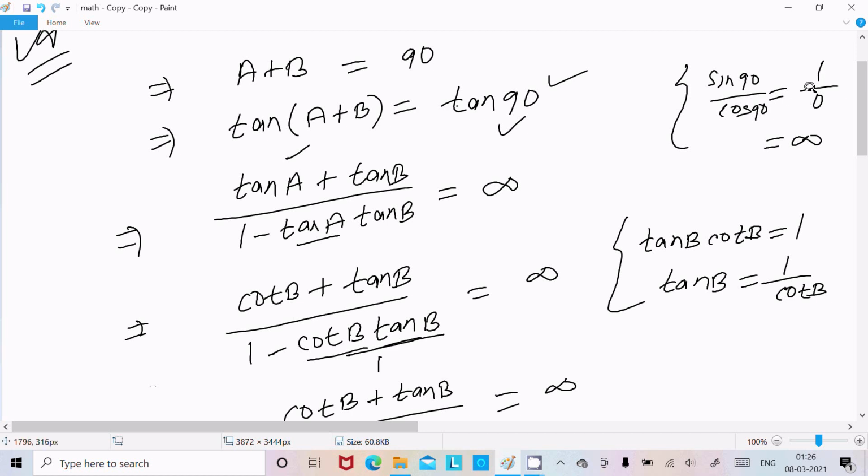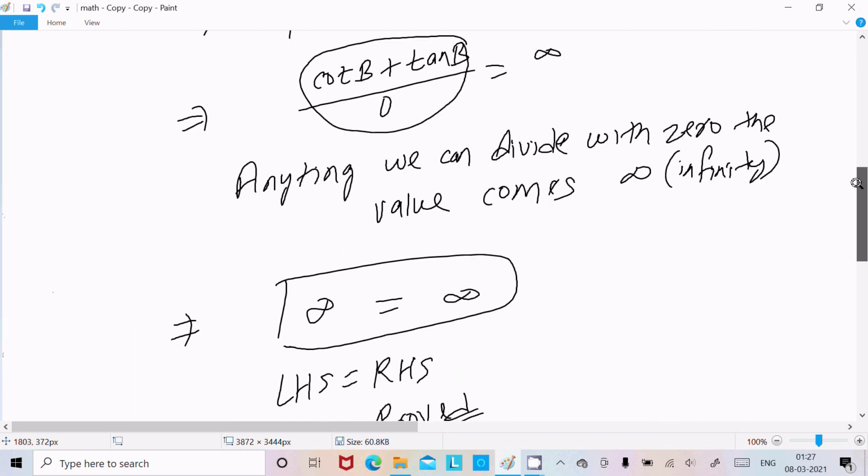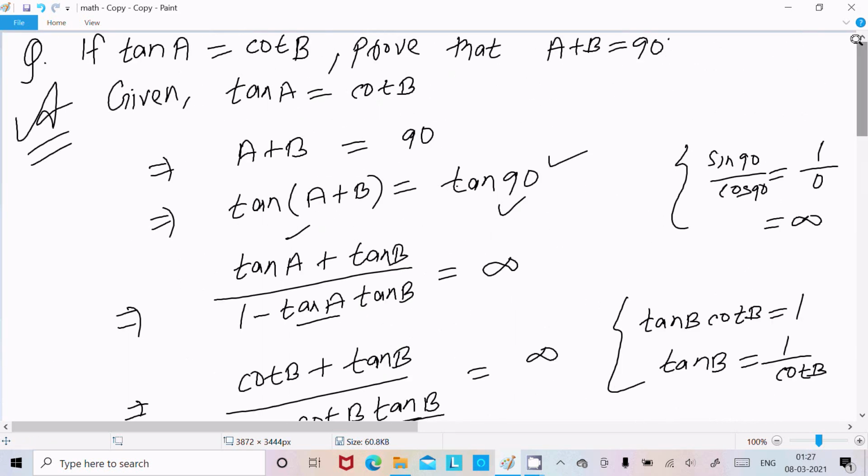After that, here sin 90 value is 1, cos 90 is 0. So it becomes infinity, or anything divided with 0 becomes infinity. So this is the way we can prove this kind of question.